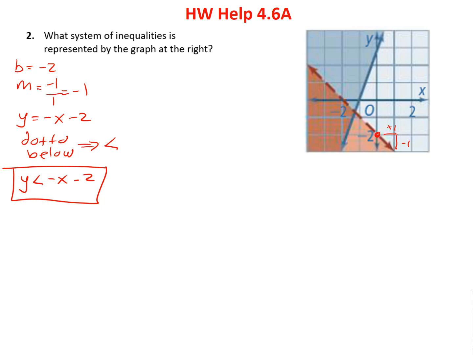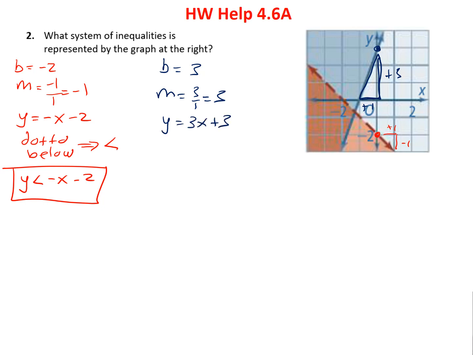The blue one intercepts the y-axis up here at 1, 2, 3. So for the blue one, b equals 3. The slope, you notice here, goes up 3 and over 1. So the slope is 3 over 1 or simply 3. Now, my boundary line here is y equals 3x plus 3.